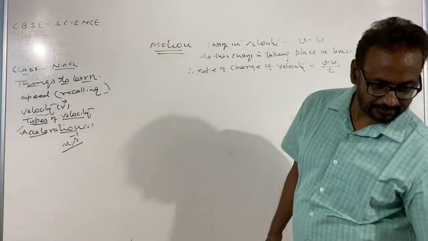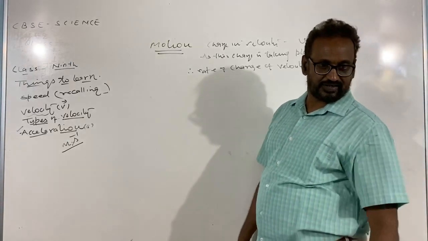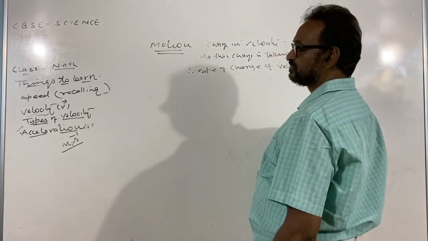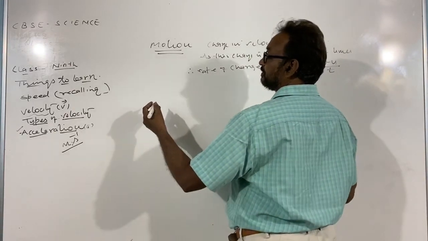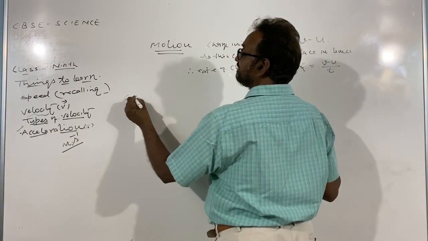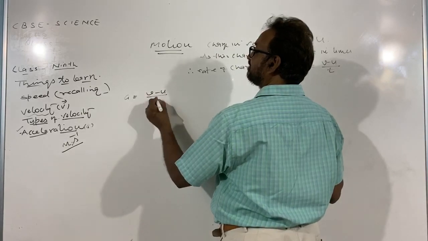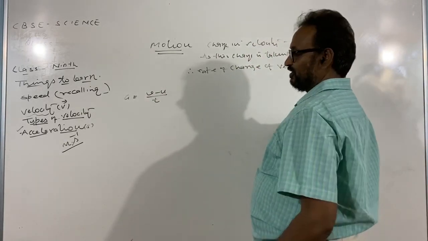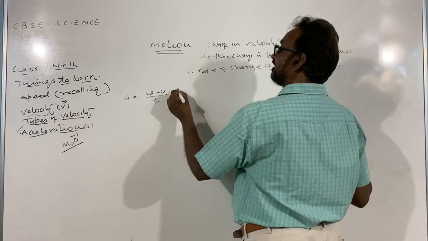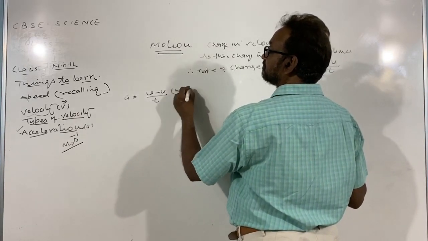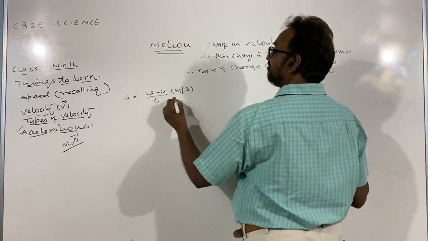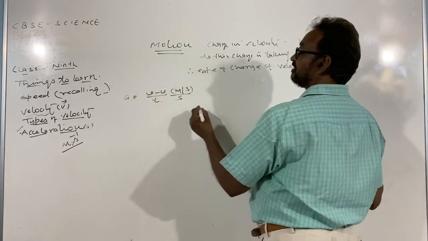Now let us see SI unit of acceleration. a is equal to v minus u over t. SI unit of change of velocity is meter per second. SI unit of time is second.